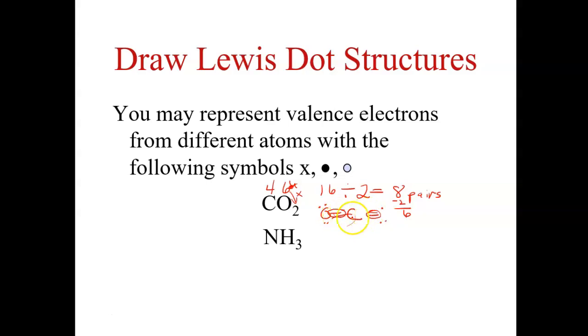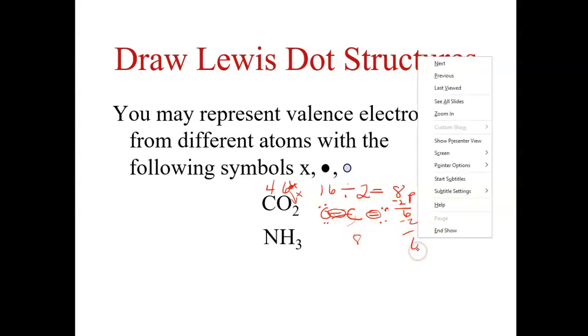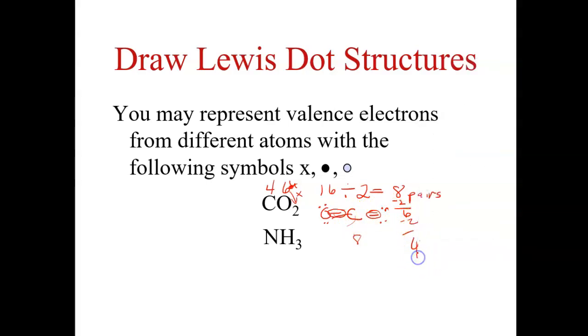There's 2, 4, 6, 8 valence electrons around carbon, and then we take off 2 here, minus 2, so that leaves us 4 more pairs, and so that's our lone pairs. One of the things that I need to talk about is these are considered lone pairs. These are bonding pairs.